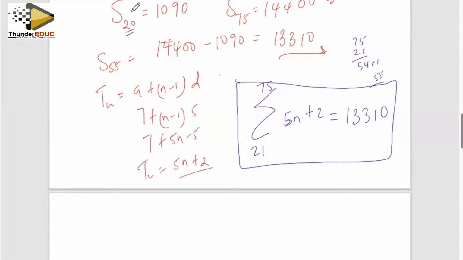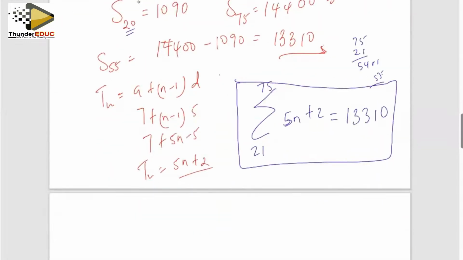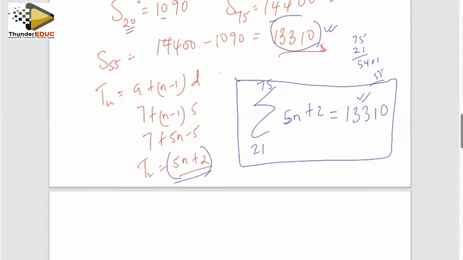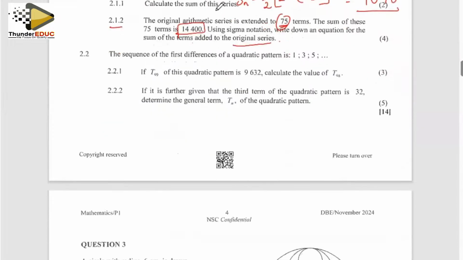Okay, so going back, all we needed was to get the difference between the sums to see what extra was added. Okay, so this is that. Then get your Tn in the simplified format, which is that, and then the sigma. What is important is the starting point, which is the 21st term up to the 75th term. All right, so that is 2.1.2.